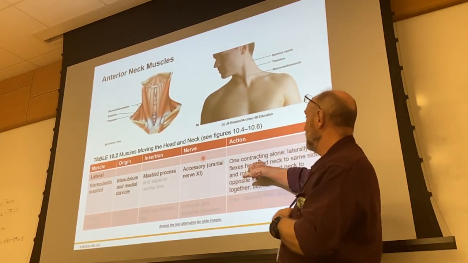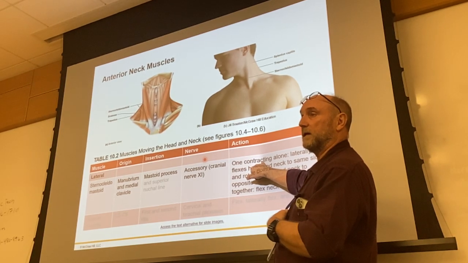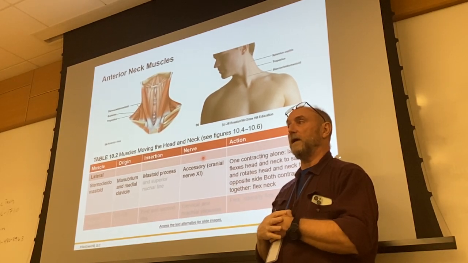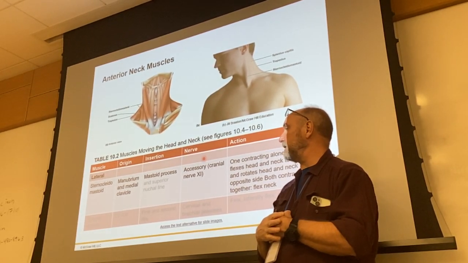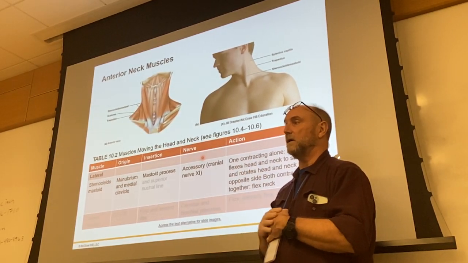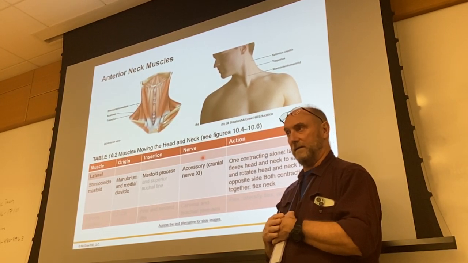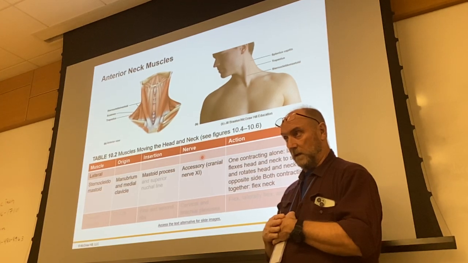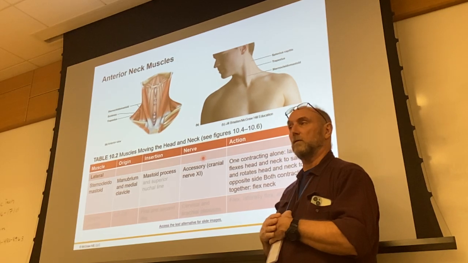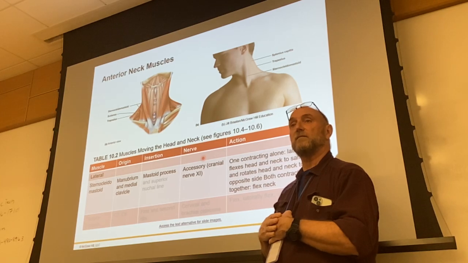Now, when you have one side of the sternocleidomastoid contracting, depending on what movement you're looking at, this is called lateral movement, moving the right side to the right, and then this is medial movement, and then there's this movement as well. Lateral or medial movement is unilateral movement.